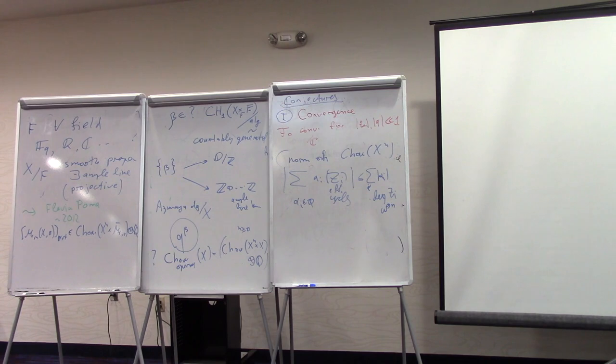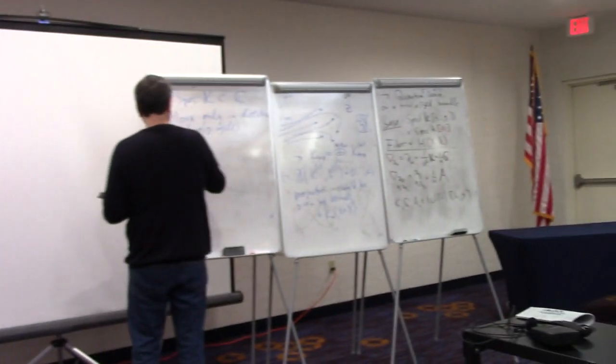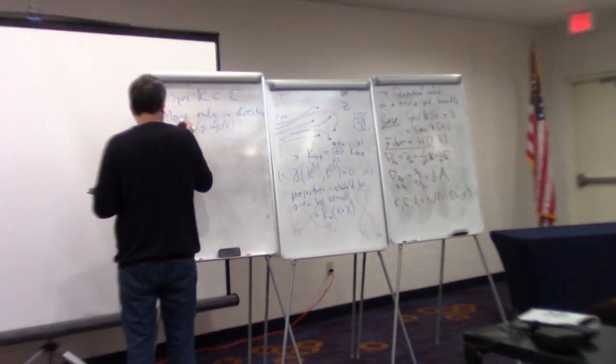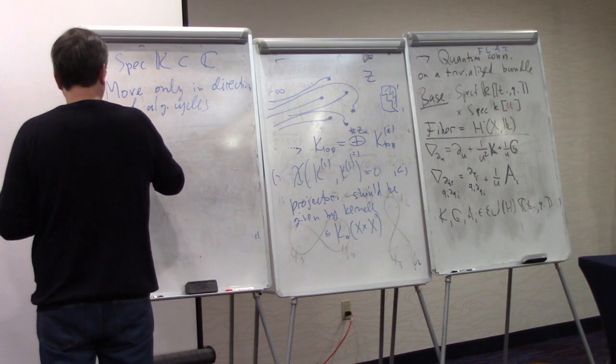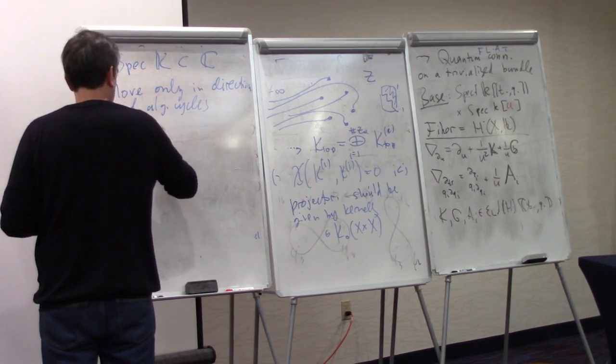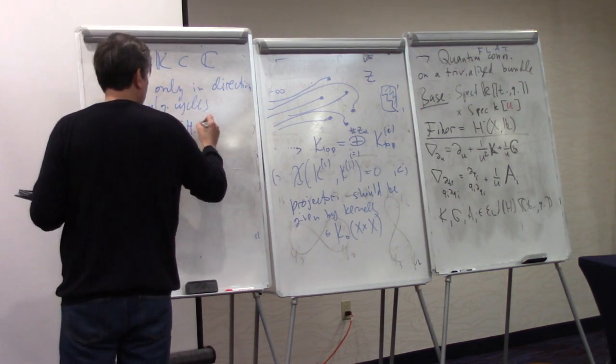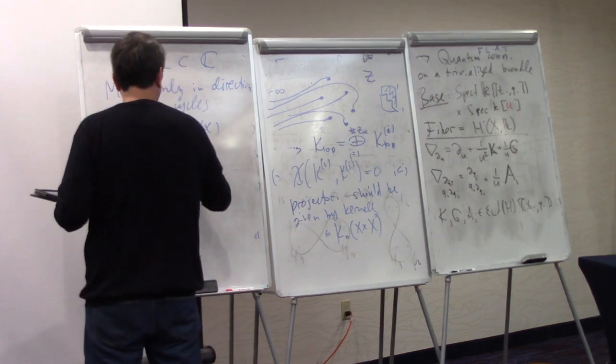But regardless of this, so what does it mean? Moving in direction of algebraic cycles. So if you have some homology, then we have image of the Chow group of X in whatever homology we have.